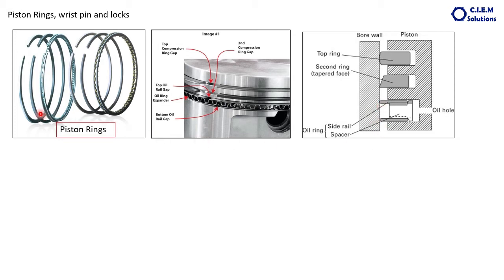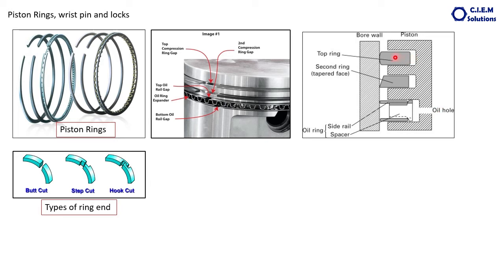Even if it is a single ring, it will have two edges. And as I told you, there are oil holes drilled. Whatever oil is scraped through this ring has to be drained back to the sump. It will go like this. Some oil will go through the wall, and some oil will go to here. And this oil drilling also helps in lubricating the gudgeon pin.